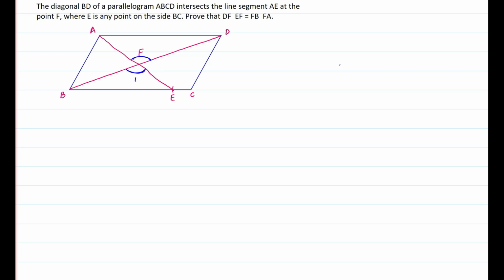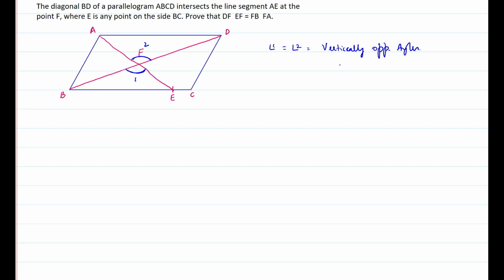If we take this as angle 1 and this as angle 2, angle 1 will be equal to angle 2 because they are vertically opposite angles. Now we have proved one angle is equal. If we can prove one more angle in these two triangles is equal, then we can say the two triangles are similar.